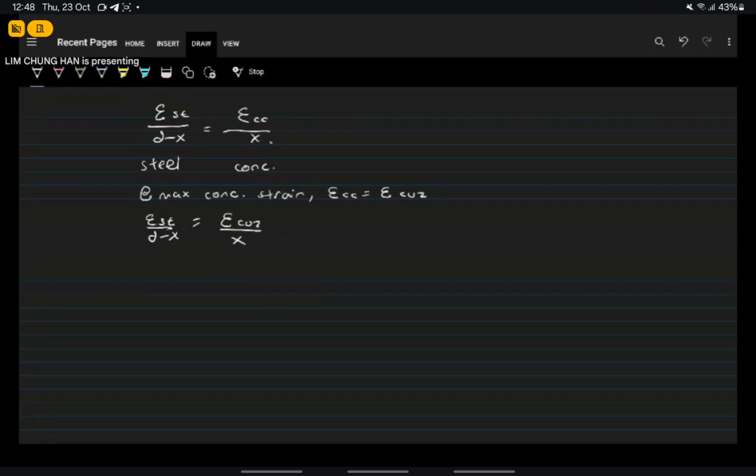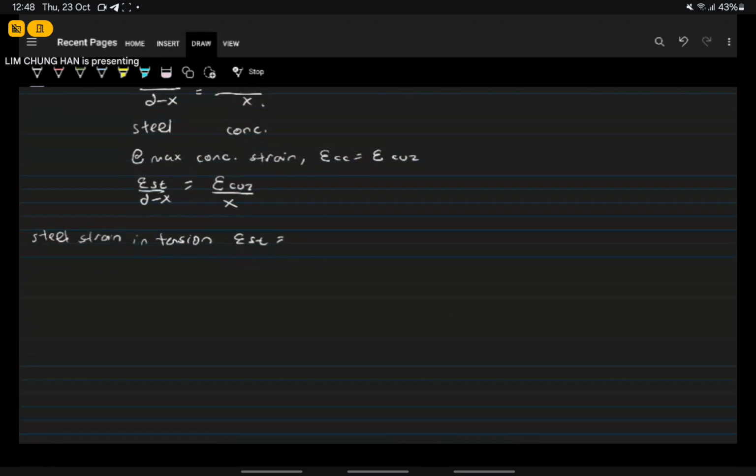Then you can rearrange everything to get the steel strain in tension, epsilon st. You move everything to the right of the formula.